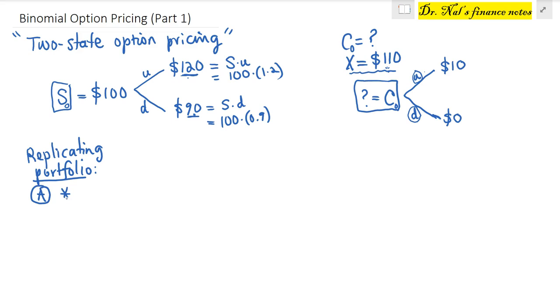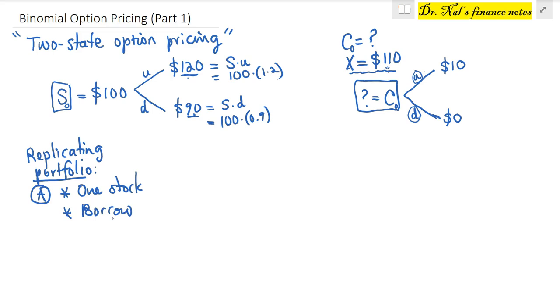In the first one, we will purchase one share of stock. Okay, let's write that down. One stock, and we will also borrow some amount of money. So borrow money, but which amount?